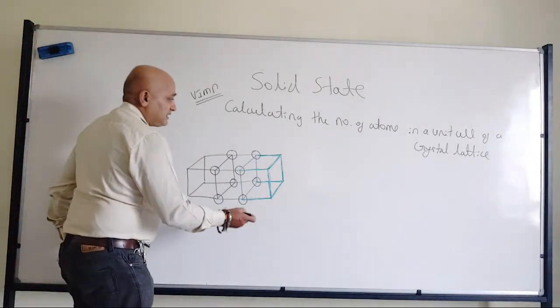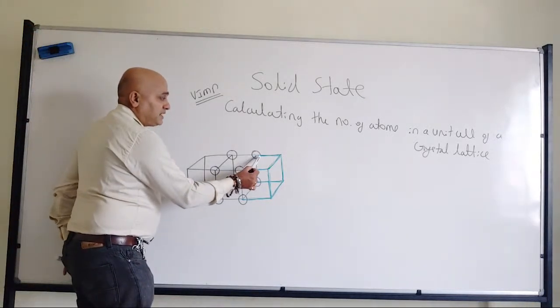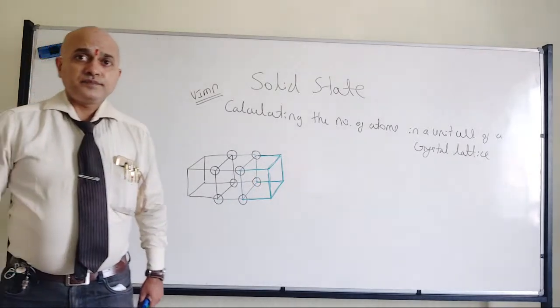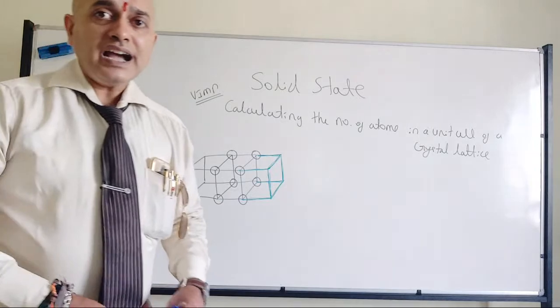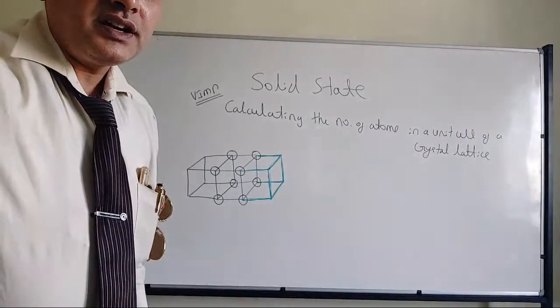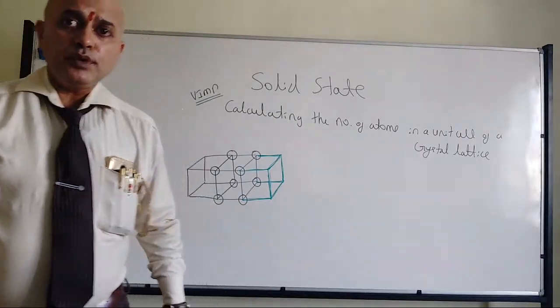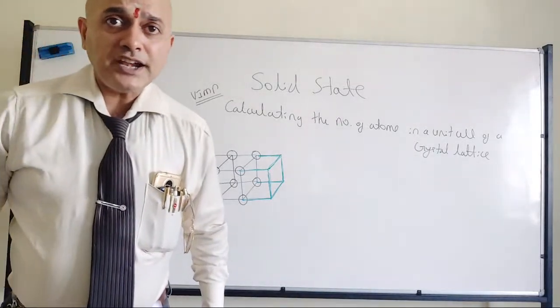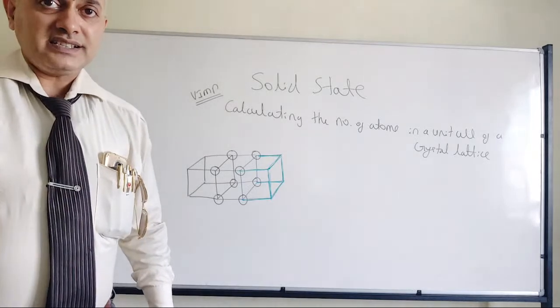Now just tell me, this particular atom is shared by how many unit cells? I want the answer. According to whatever diagram I have shown on the board, each corner atom will be shared by how many unit cells?